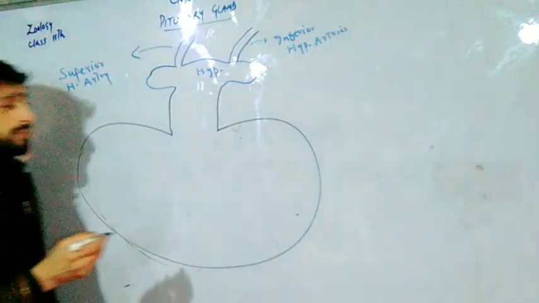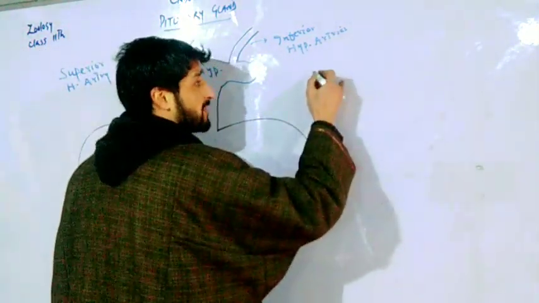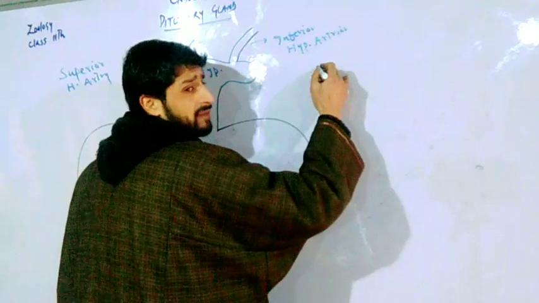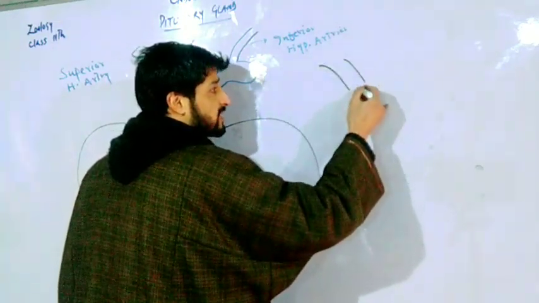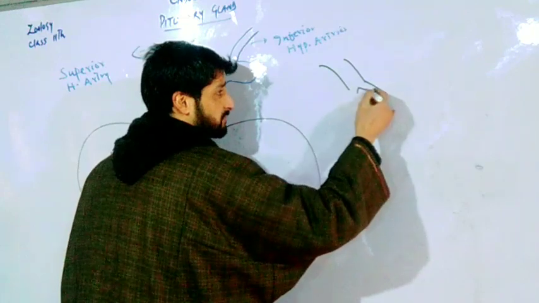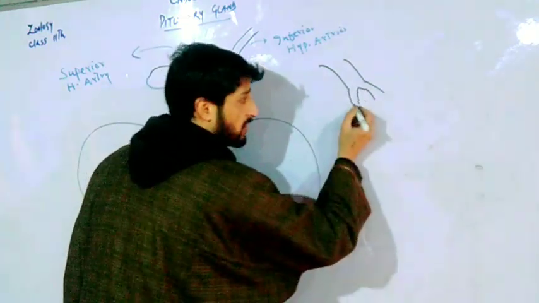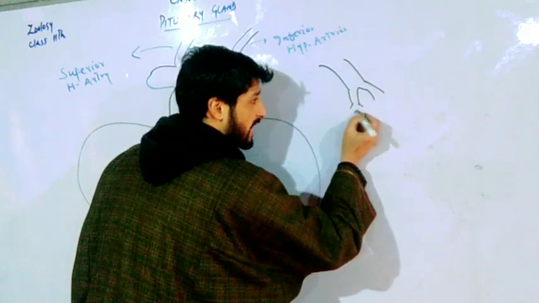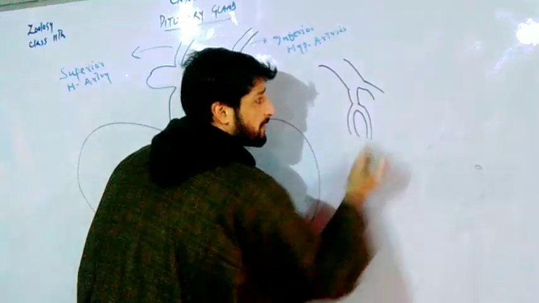You are already aware of the fact, we have studied it in our offline batches, that an artery divides into smaller pipes that you call arterioles. Arterioles again divide into smaller pipes called capillaries.